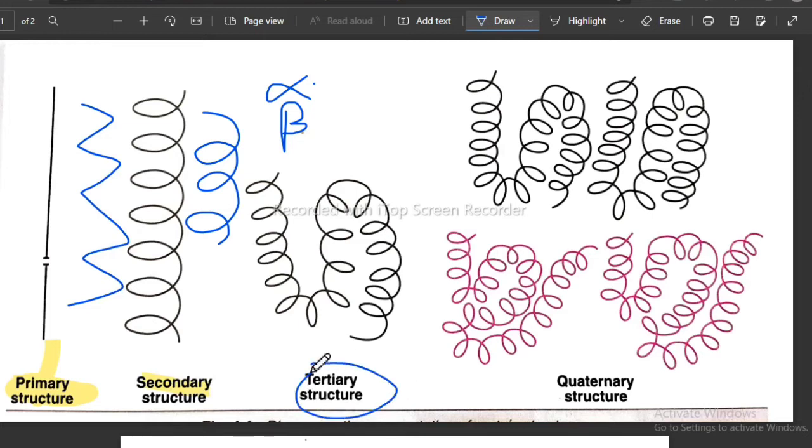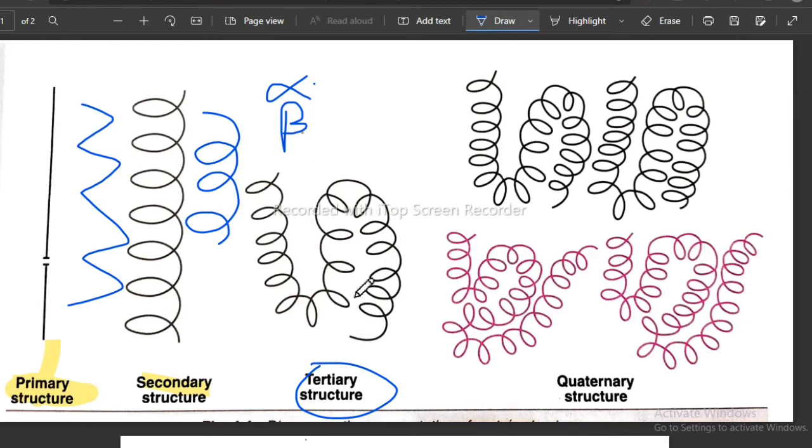Next we have the tertiary structure of protein. तो tertiary इसलिए बोला गया है इसको because it is a three-dimensional folding of polypeptide chain, and that's why it is called the tertiary structure. It consists of regions of alpha helix and beta pleated sheet that are coiled together for the formation of a globular shape.